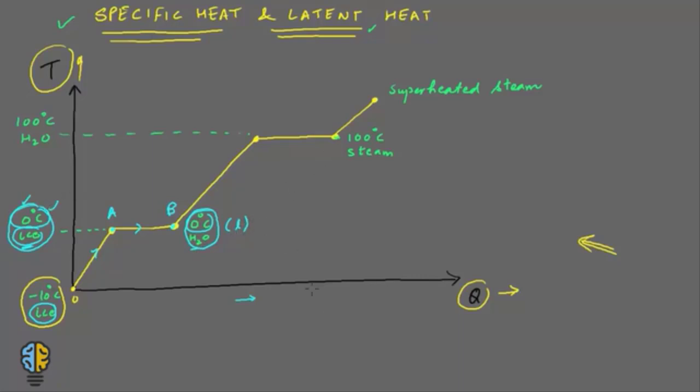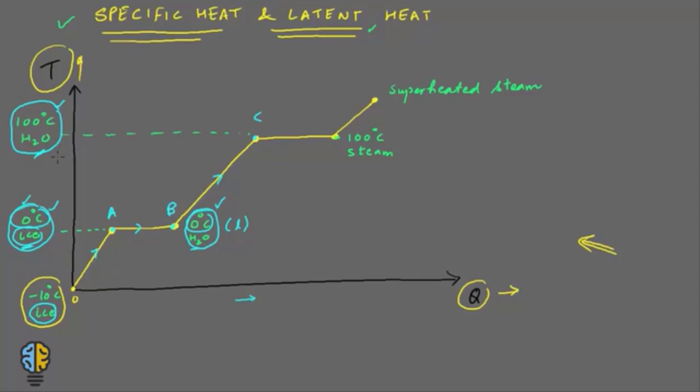Okay, now let's keep on increasing the heat, and from B let us move on to point C. Point C indicates 100 degrees Celsius water. So in going from B to C, you can see that the temperature has obviously gone up and the state has stayed the same.